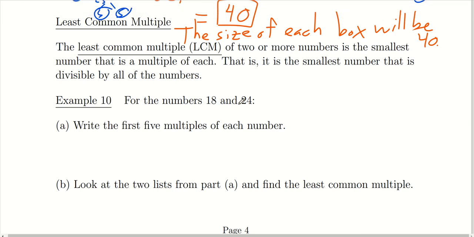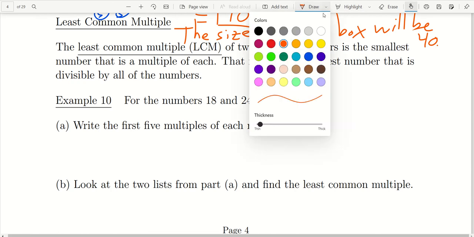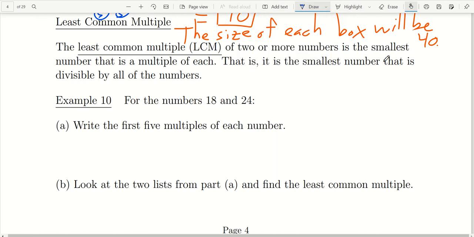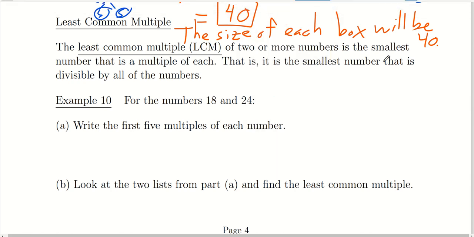If I start with the number 18, I have 1 times 18, which is 18. If I have 2 18s, that's 18 plus 18, which gives me 36.